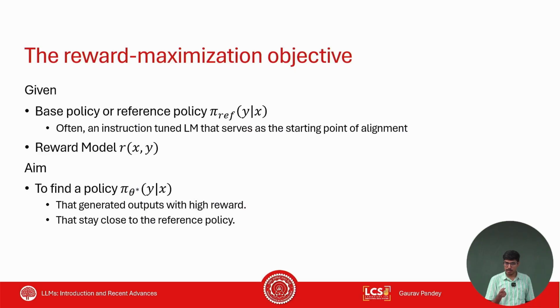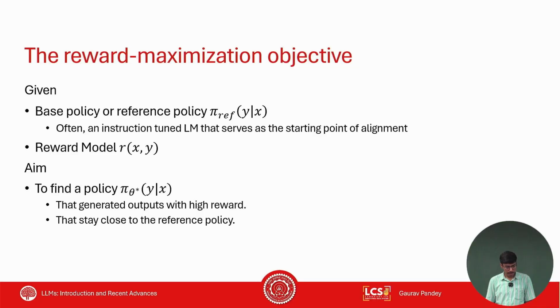For example, if your data looked like longer responses were preferred over shorter responses in a lot of cases, then the reward model might simply give high reward to very long outputs. There are lots of different noises the reward model can pick up. It may end up focusing on a single specific token and say, okay, if this token is present, I will give high reward. The reason is that you're not trained on all possible data, you're trained on a very small subset of data, and now you're expecting it to generalize to everything, right?